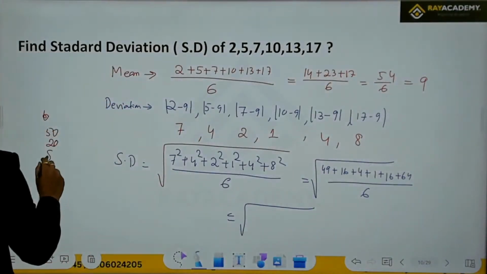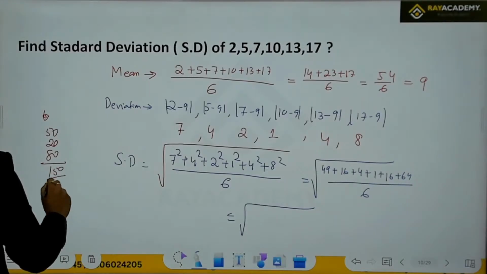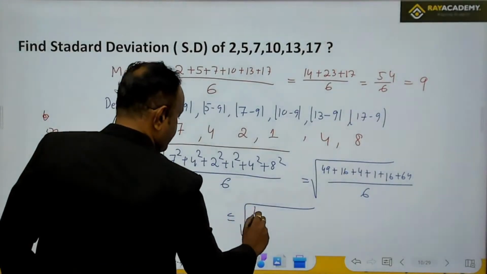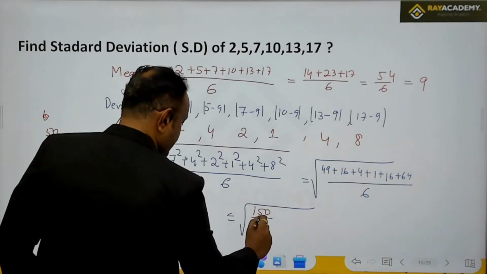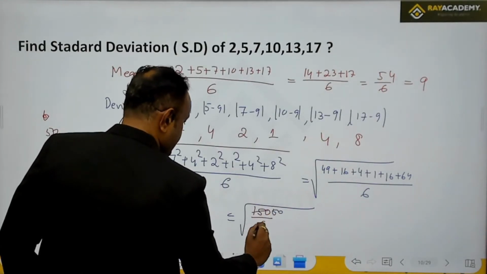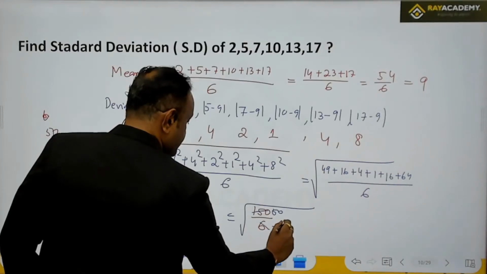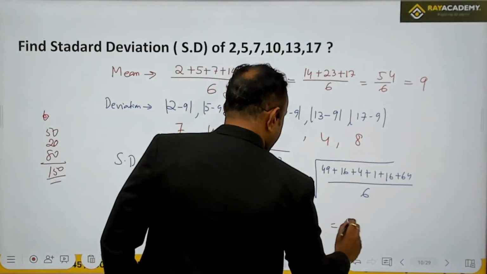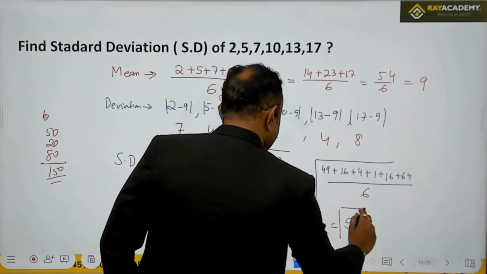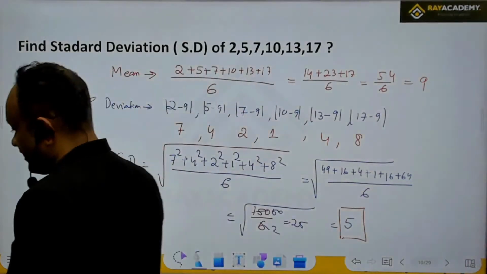So 80 plus 20 plus 50 is 150, which is the numerator. 150 divided by 6 simplifies to 25. So the square root of 25 is 5. So the standard deviation of this data set will be 5.